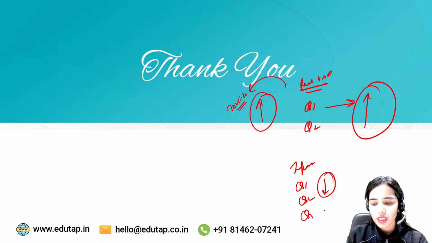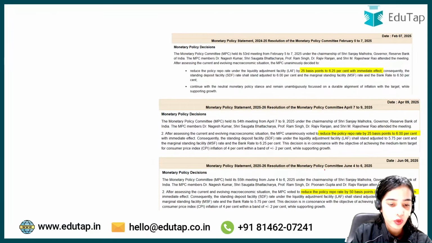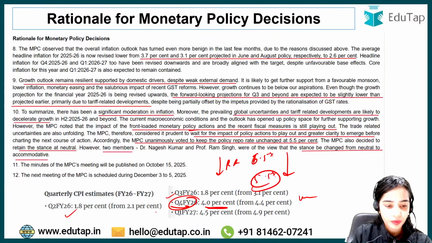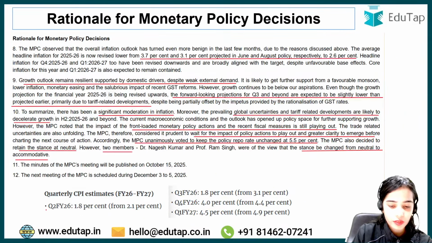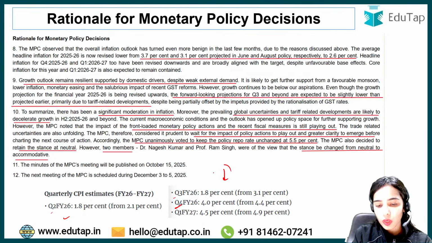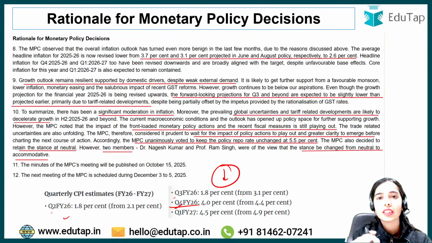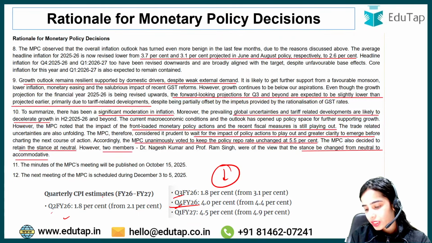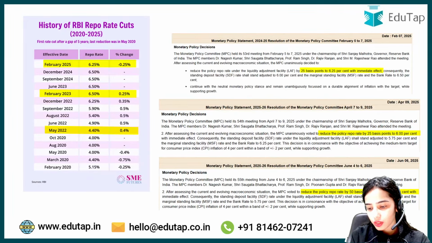Even for quarter 3, the inflation forecast is lower. So for all the quarters, the inflation forecast has been reduced. But still in quarter 4, the inflation is slightly higher than the other quarters. This is because of the unfavorable base effect. That's it. No confusion?